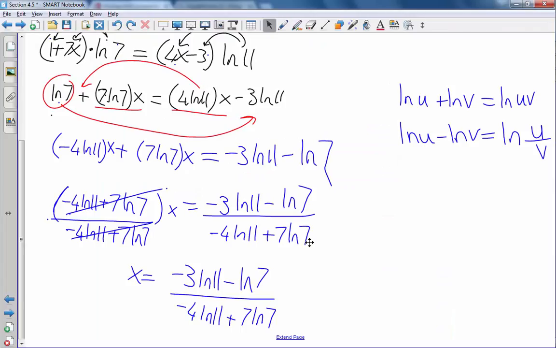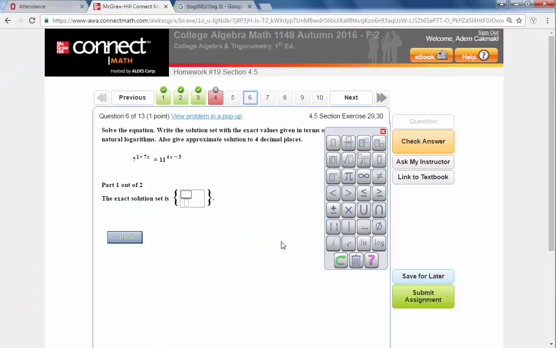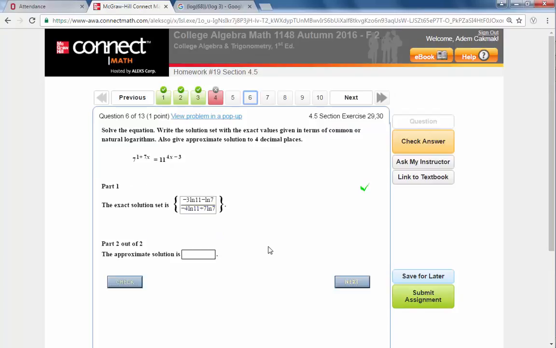All right, I need somebody to read this. Negative 3 ln 11 minus ln 7 over negative 4 ln 11 plus 7 ln 7. Good.